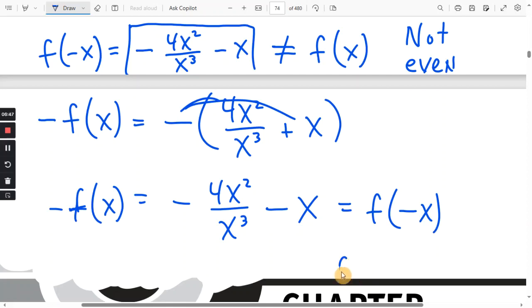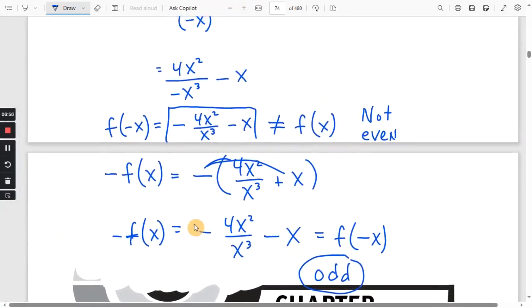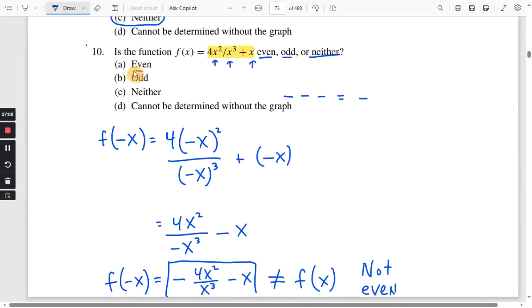Okay, so since they are equal, that makes it odd. All right. If f of negative x equals the negative of the original, it's odd. All right, we proved that it wasn't even, but it is odd. So that is answer B.